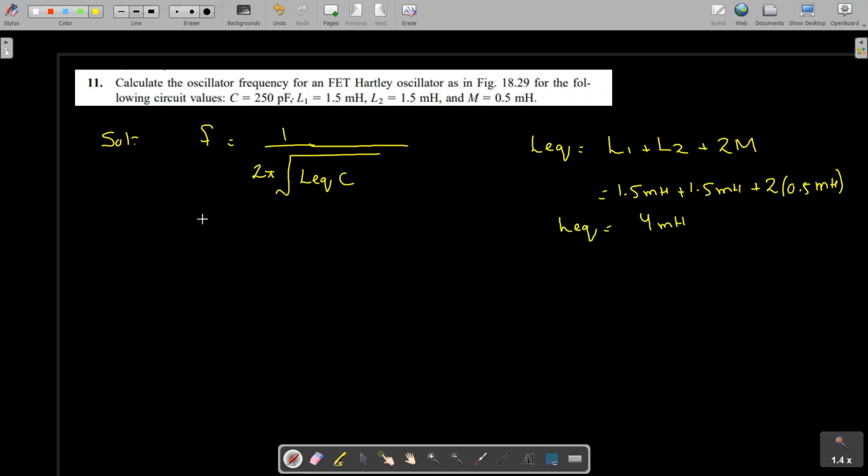Now once L equivalent is known, we are going to find the frequency. L equivalent is your 4 millihenry, which is 4 multiplied by 10 raised to power minus 3, and this is multiplied by 250 picofarad, and 250 picofarad is 10 raised to power minus 12. Fine.